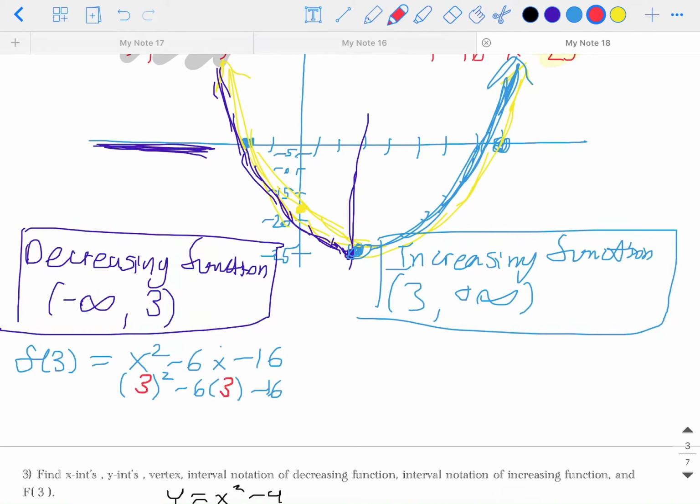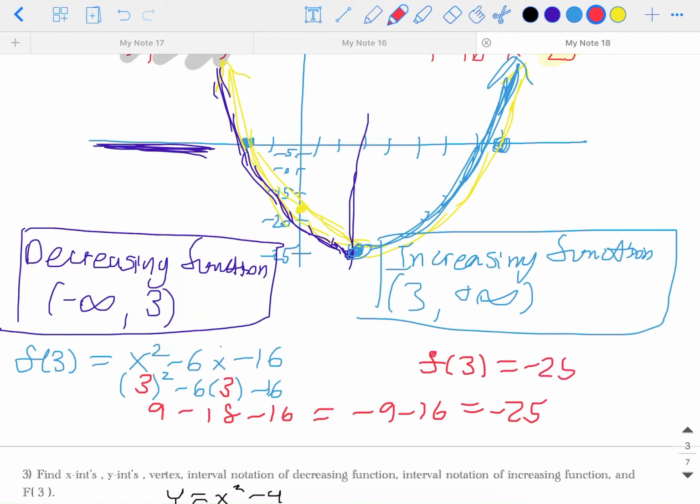Apply the math. 3 to the second is 9, 6 times 3 is 18, and 9 minus 18 is negative 9, minus 16 is negative 25. And you want to state your answer as a sentence: f of 3 is equal to negative 25.